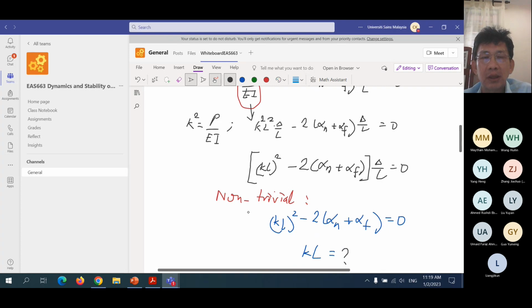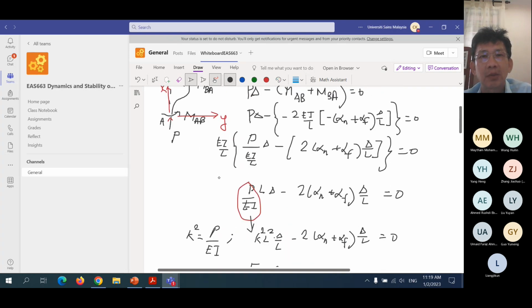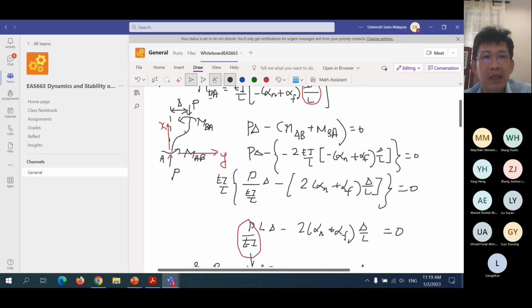So the next thing is, remember our aim. Our aim is to find P critical where it is possible to have this translation, to have this shape.